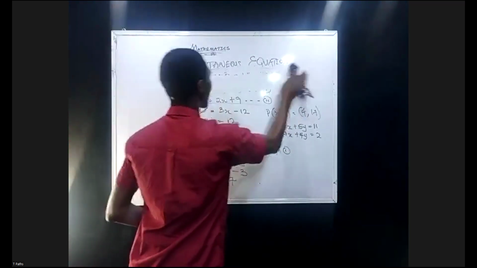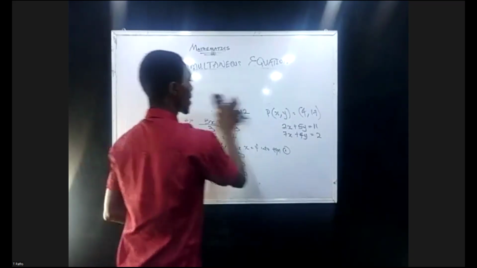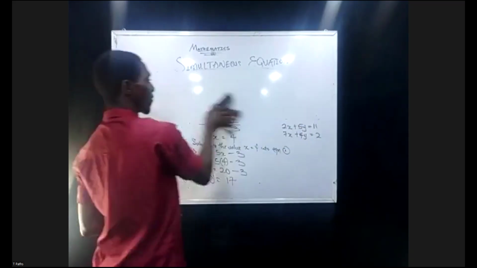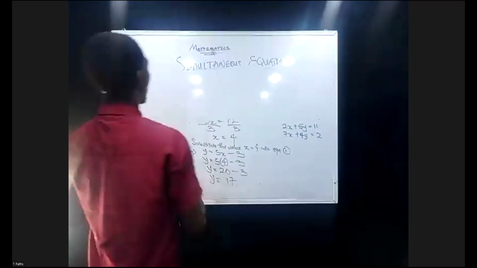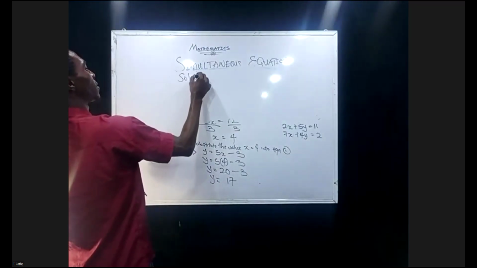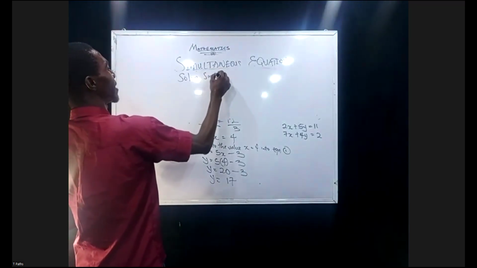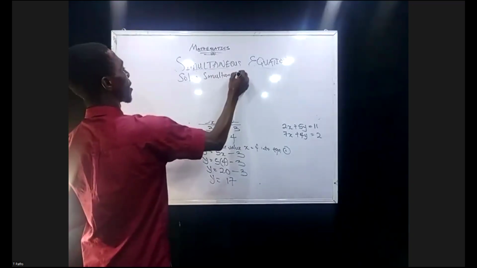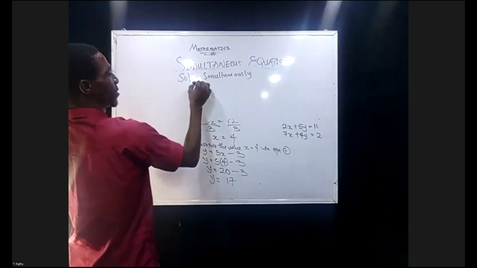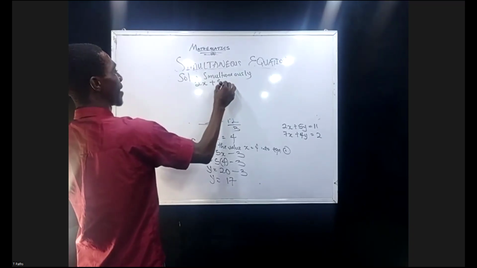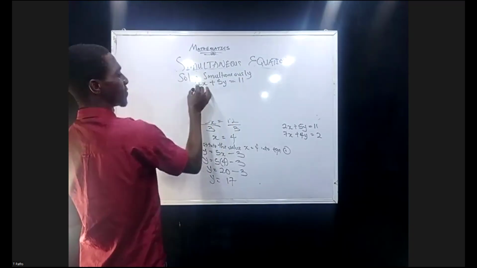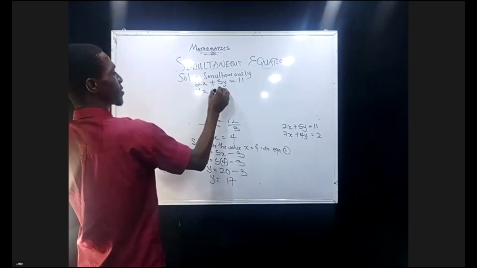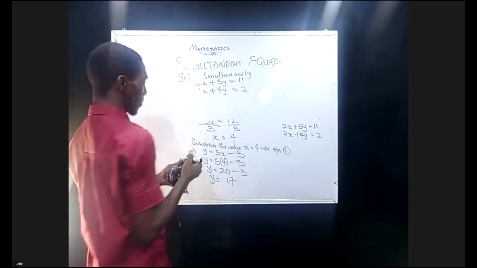All right, so here is a question for us to solve. Solve simultaneously: 2x plus 5y equals 11, 7x plus 4y equals 2.